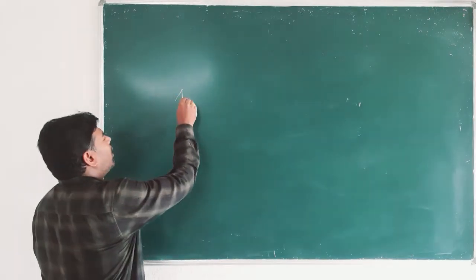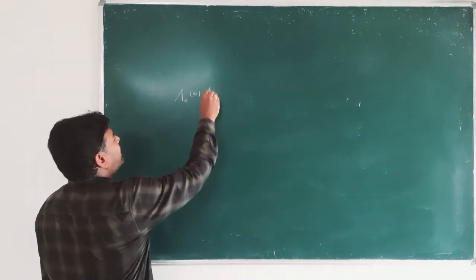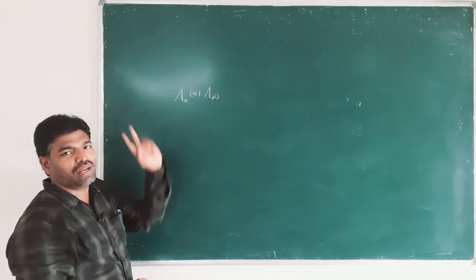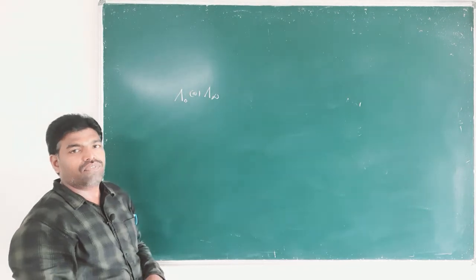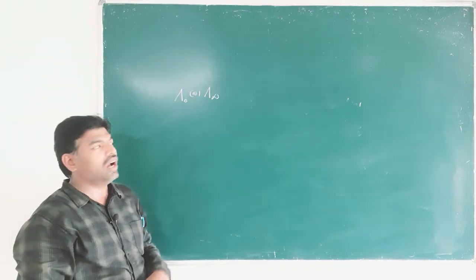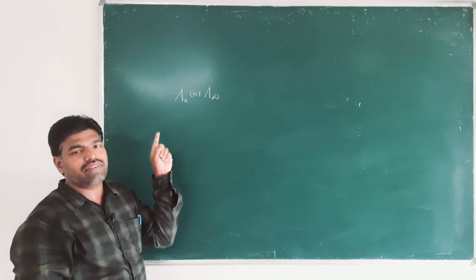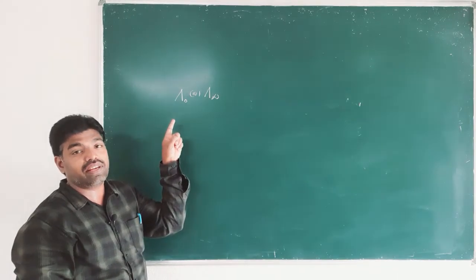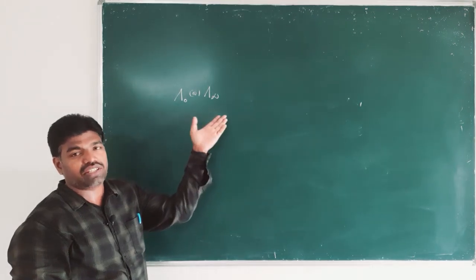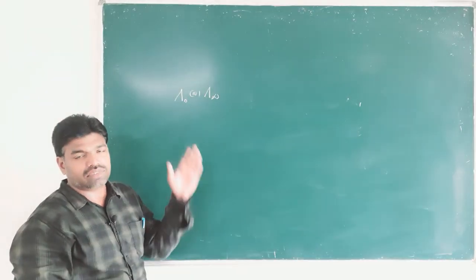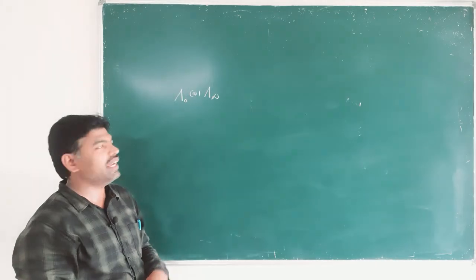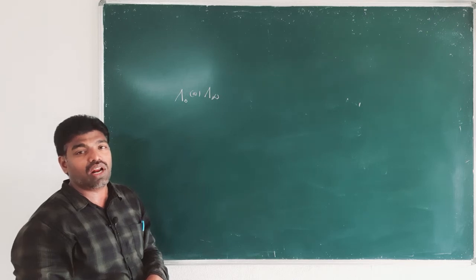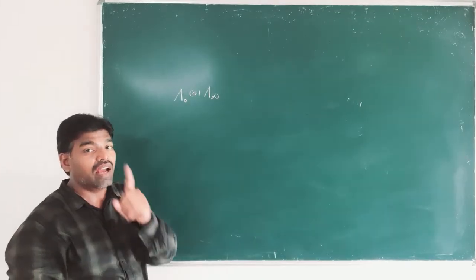We cannot get the equivalent conductance at infinite dilution of a weak electrolyte by extrapolating the curve up to 0 concentration, so we can get this value by using Kohlrausch law of independent migration of ions.